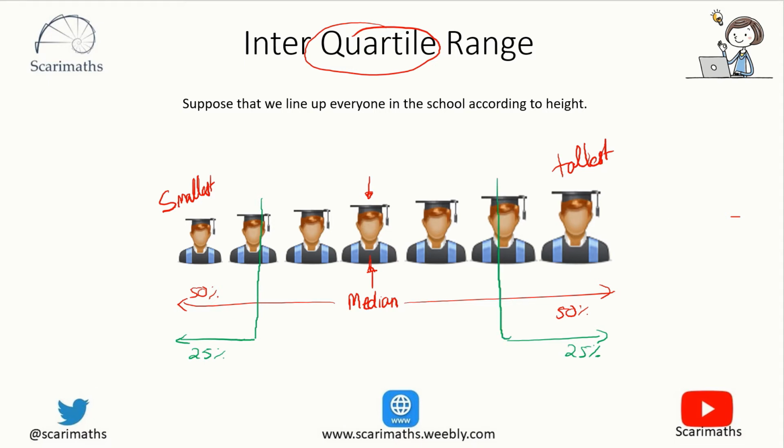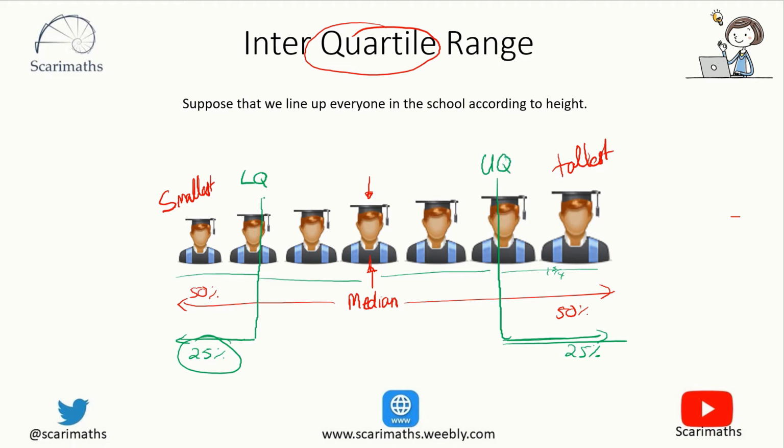So if you have a look, we've got 25% of the population, 1 3/4 of a person there, 1 3/4 of a person there, and 1 3/4 of a person there. So basically we've got 25% here in our lower quartile, and we've got 25% here in our upper quartile.